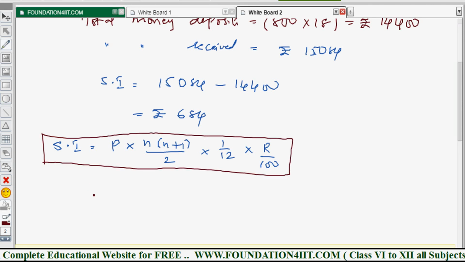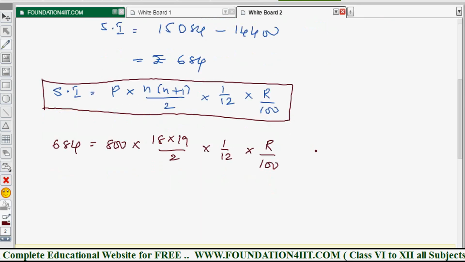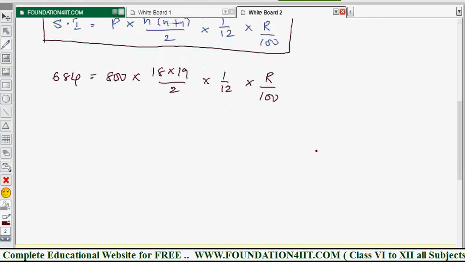Simple interest we got is 684, P value is 800, n value is 18. 18 plus 1 is 19, divided by 2 into 1/12 into R by 100, because you need to find the R value, the rate of interest. If you simplify this, you'll get the rate of interest.